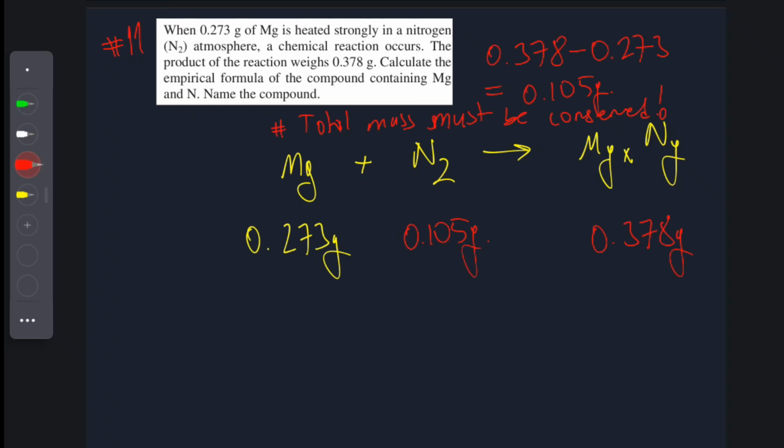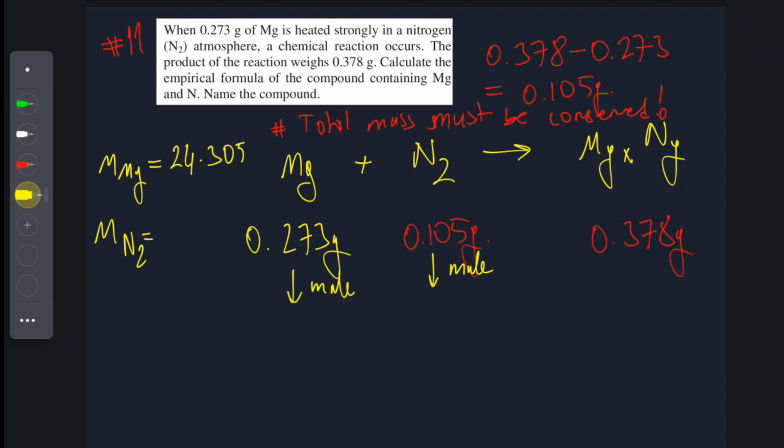I want to convert these grams to moles. We have to convert all the numbers, and to do that we have to know the molar mass of magnesium and the molar mass of N2. Magnesium molar mass is 24.305, and nitrogen molar mass is 28.014.